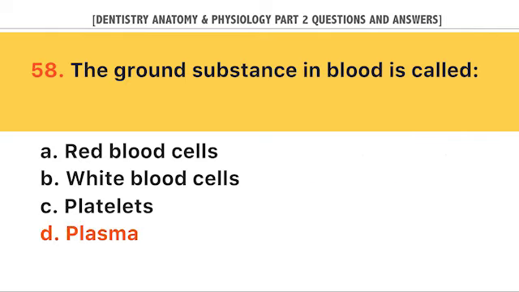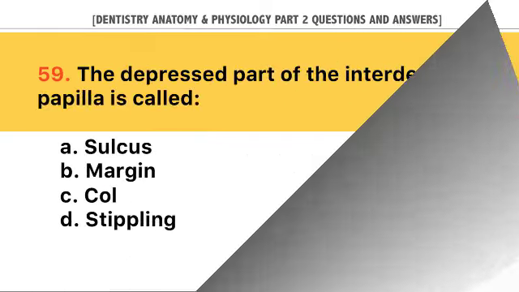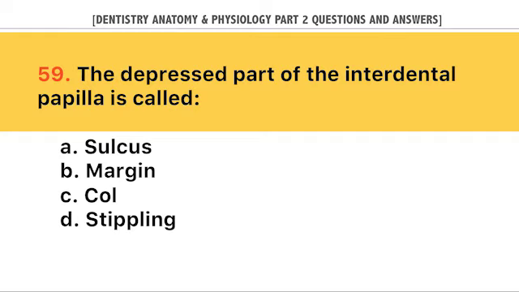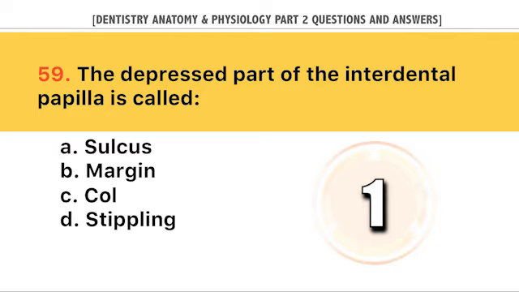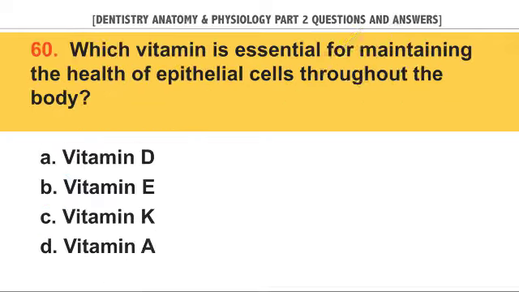Answer D. Plasma. The depressed part of the interdental papilla is called: A. Sulcus, B. Margin, C. Col, D. Stippling. Answer C. Col.